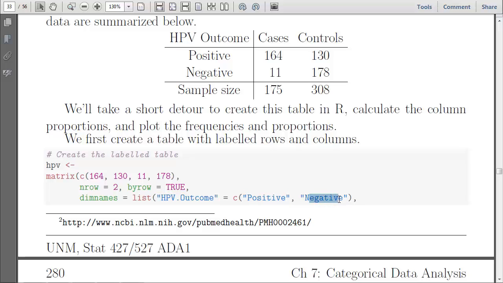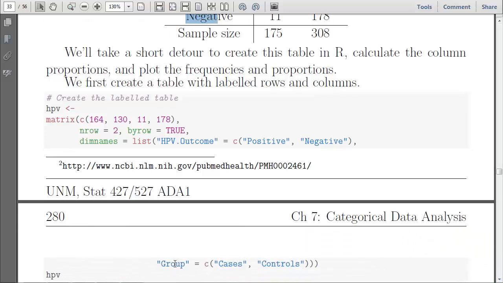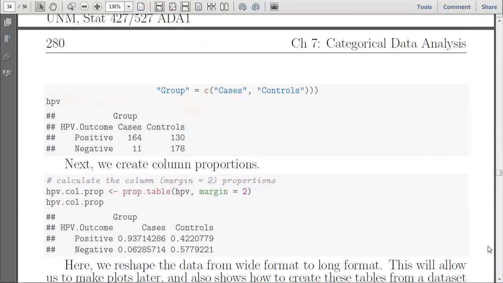So we got positive and negative, just like up here. Then I put a comma, and then I'm going to label the columns. So then I've got two groups, equals, and the labels for each column are cases and controls. So now the HPV object has our data in it, and it has perfectly labeled rows and columns.